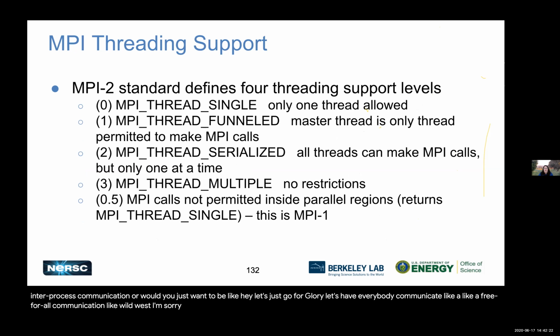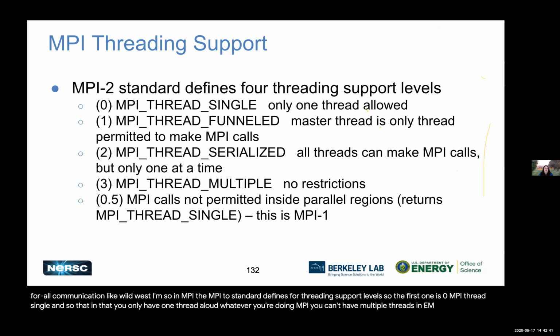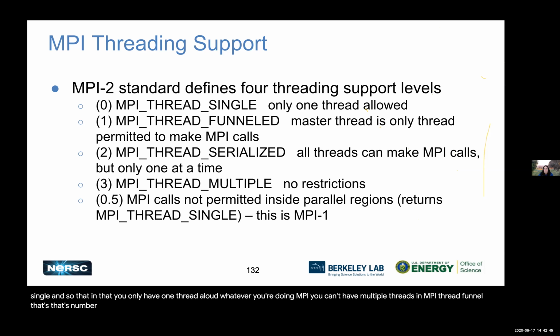So in MPI, the MPI 2 standard defines 4 threading support levels. The first one is 0, MPI_THREAD_SINGLE. In that you only have one thread allowed. Whenever you're doing MPI, you can't have multiple threads. In MPI_THREAD_FUNNELED, that's number one there, the master thread is the only thread that's permitted to make MPI calls.